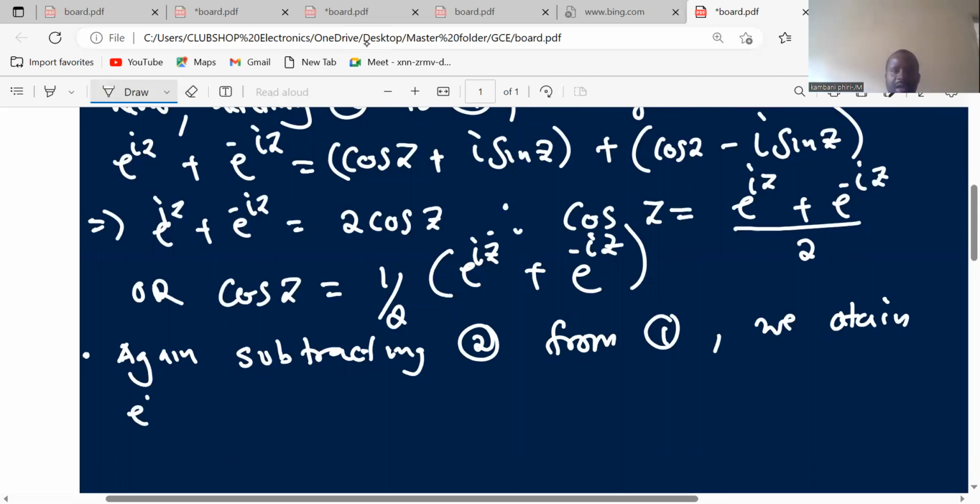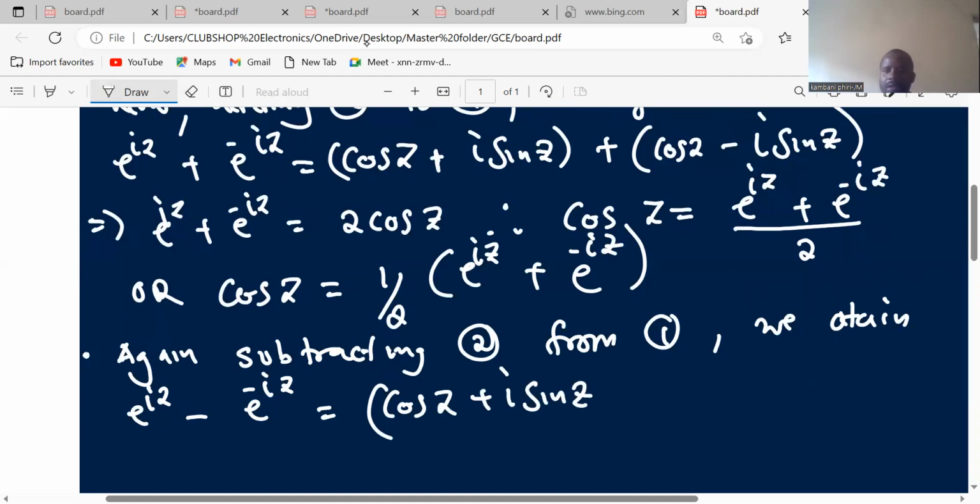We are going to say e to the iz minus e to the negative iz is equal to cos z plus i sin z minus cos z minus i sin z.